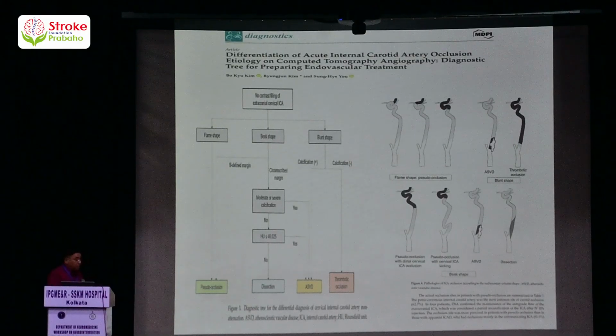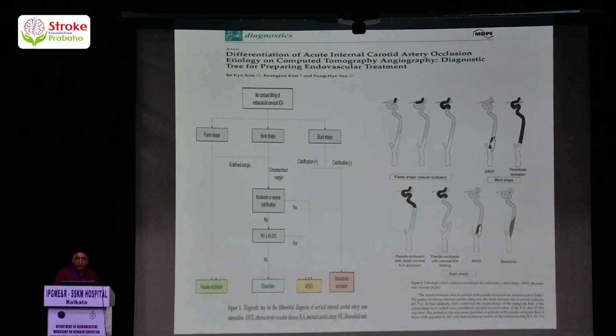This is a good slide which shows that we can have different carotid pathologies, and these can be identified on the CT angio. One is called the flame sign. The flame sign is when the occlusion looks like a flame. The occlusion is distal, but the contrast is staying here.